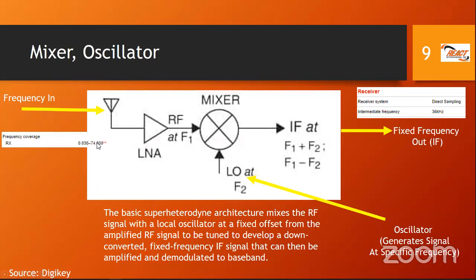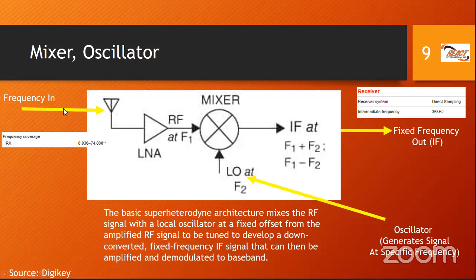That's the receive frequency range, but it will always end up at a fixed frequency of 36 kilohertz at the IF stage. And how that is done is through something called a mixer stage and an oscillator that provides the right frequency. It generates that frequency at all times to ensure that the output here is always 36 kilohertz, no matter what the input is.